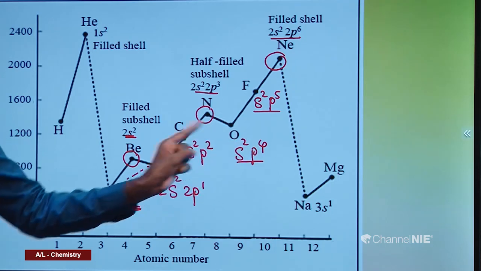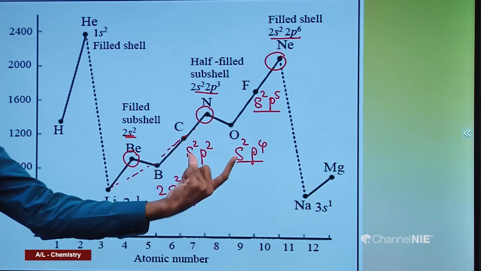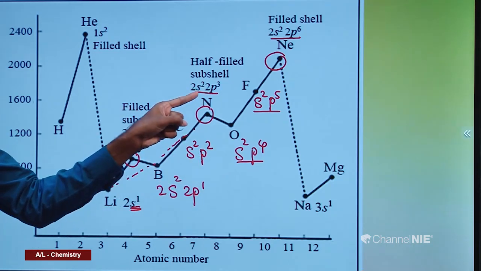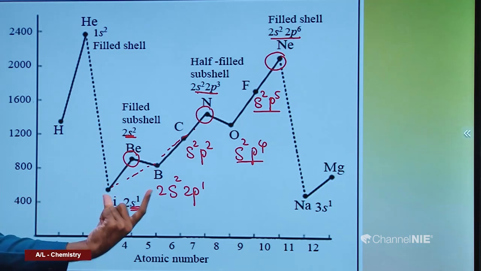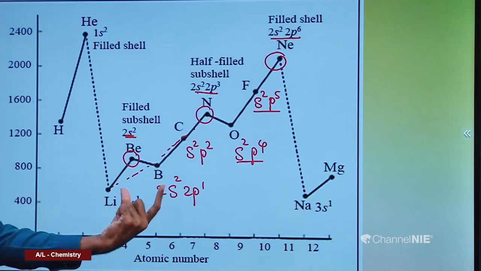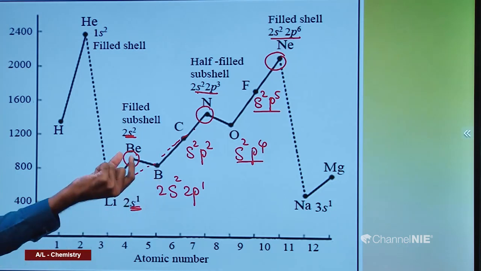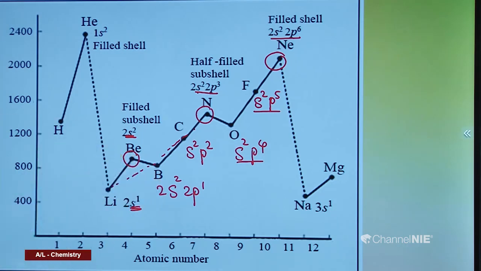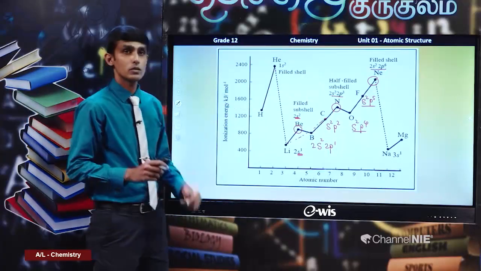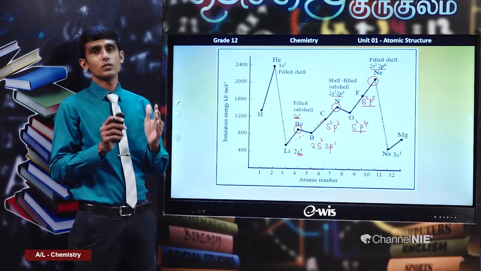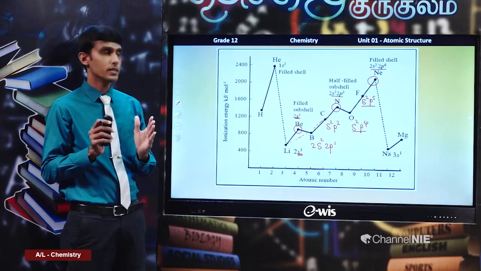So s2p4 and s2p2, these two configurations are less stable compared to the configuration of nitrogen. Here also the configurations of the two elements on the left and right of beryllium are less stable compared to the configuration of beryllium. So from the electron configuration also you can easily get this pattern of the variation of the first ionization energy.